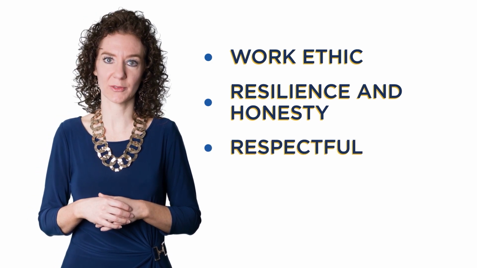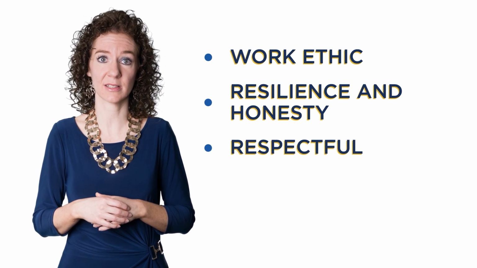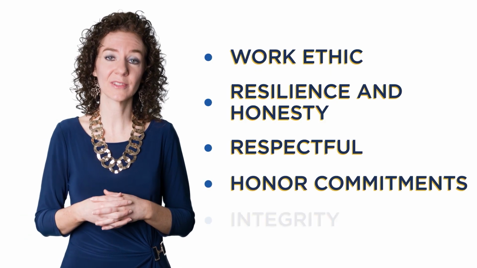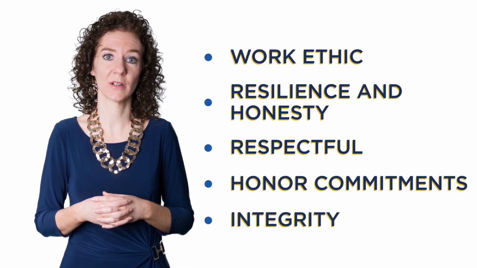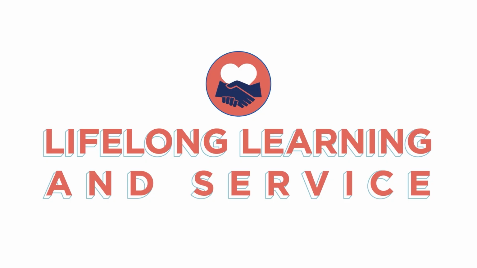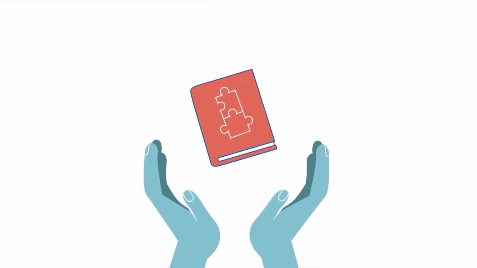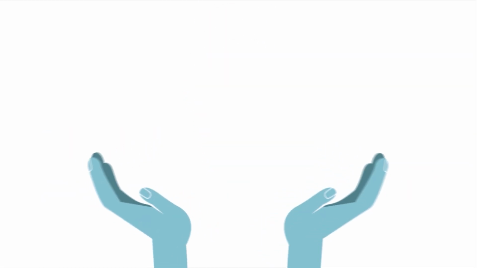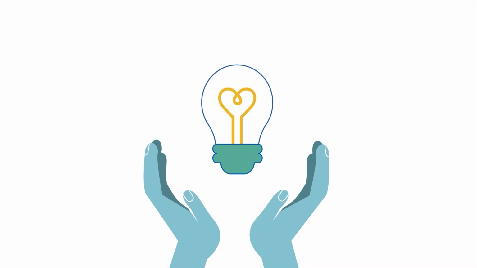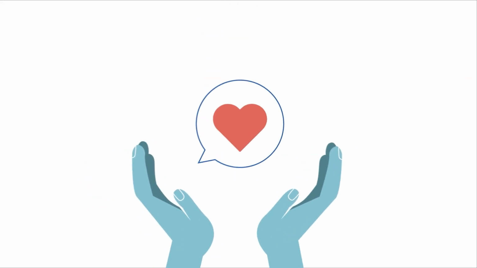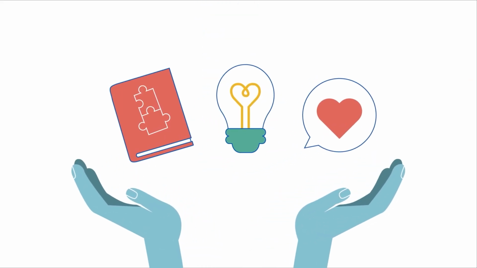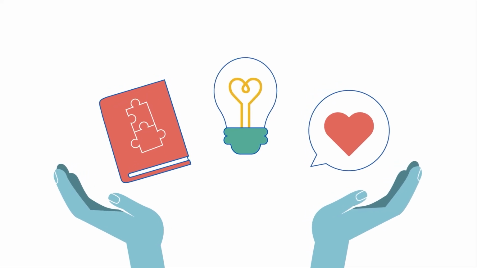You should be respectful of others despite differences, honor commitments, and have integrity in all you do. Lifelong learning and service. We look for students that already have a love of learning and a sincere desire to serve others. Cultivate your love of service through sustained exposure to meaningful service opportunities. If you want to be considered, you have to apply. Take the time necessary to present your best self.